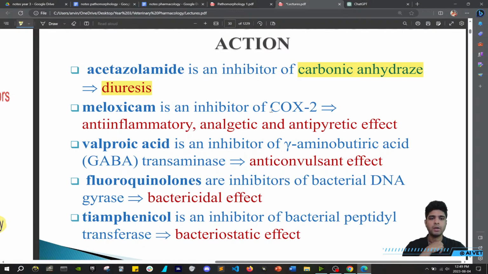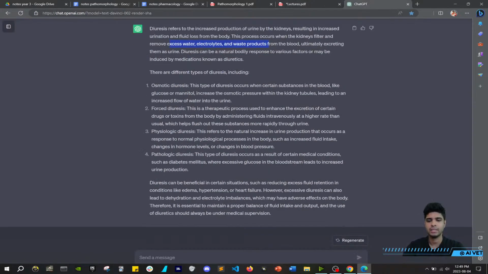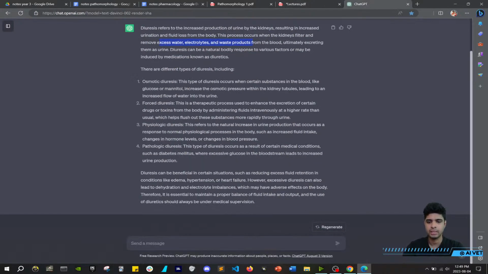So meloxicam is an inhibitor of COX-2, anti-inflammatory, analgesic, antipyretic. Okay, these are new terms. Analgesic, I guess something to do with anesthesia and stuff.